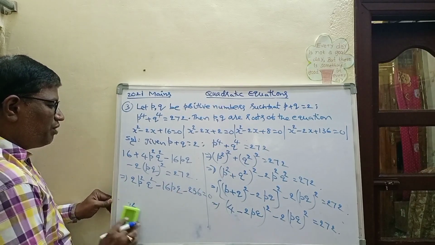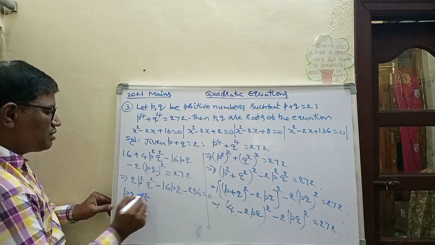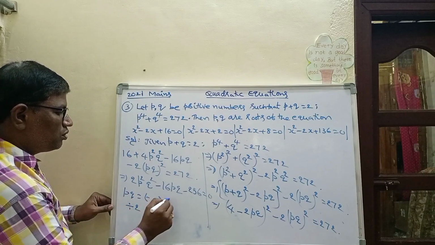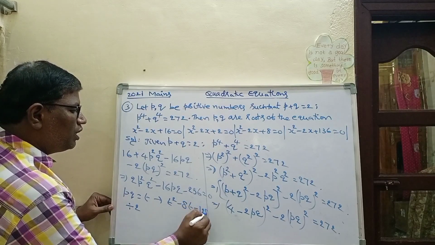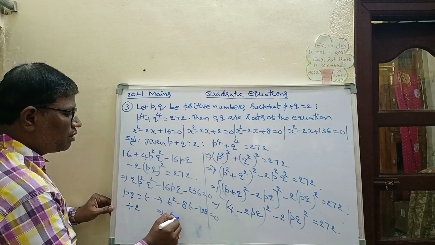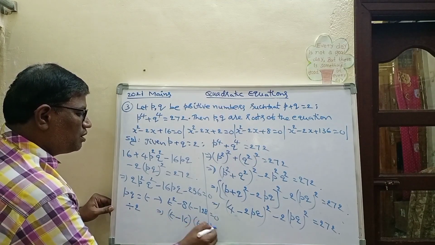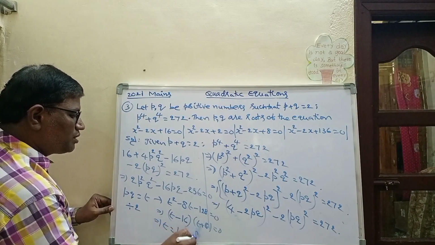And coming to the simplification, here pq as t, that means divide with 2, so t square minus 8t minus 128 is equal to 0. This we can write t minus 16 into t plus 8 is equal to 0. From this t is equal to 16 and minus 8.